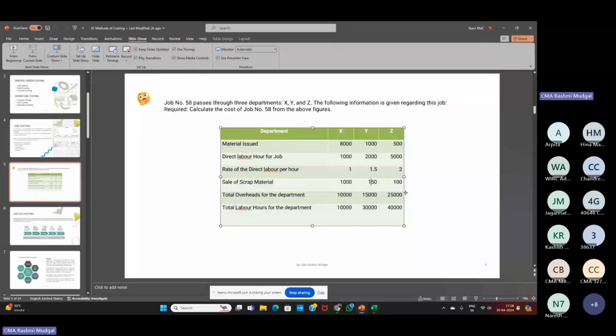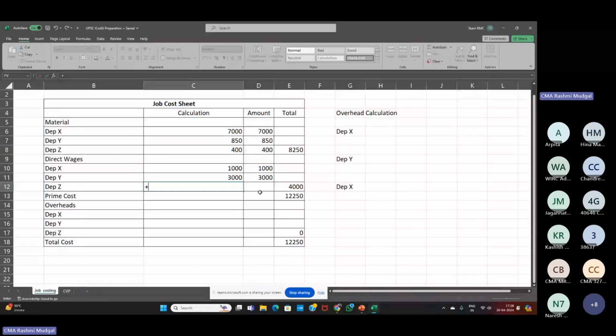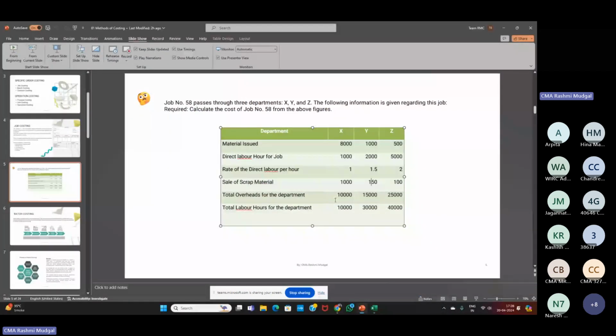2 rupees. So here also I will say 5,000 multiplied by 2 is equal to 10,000 for this department. In overheads, again I come to the overheads. The total overheads of the department is 10,000 and the total number of hours is 10,000.